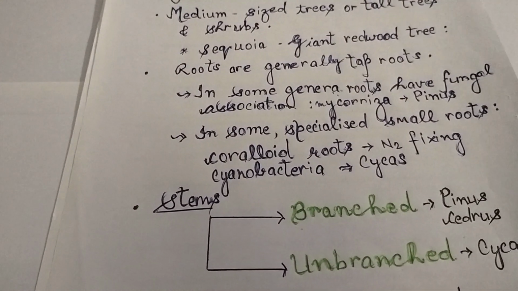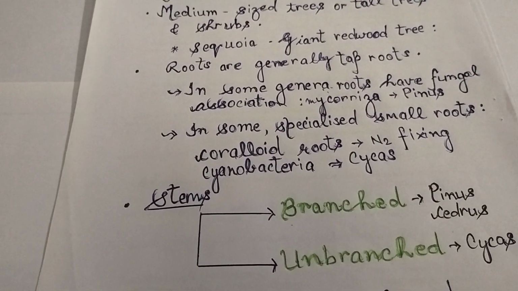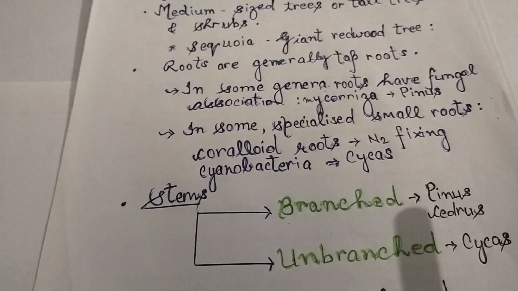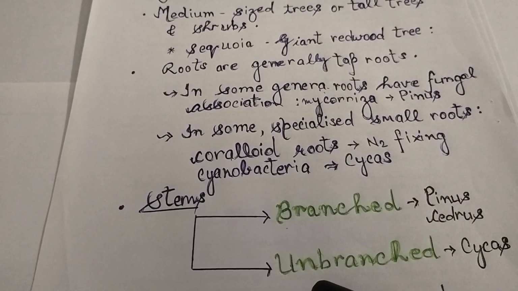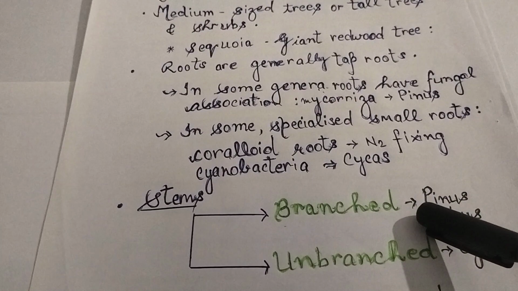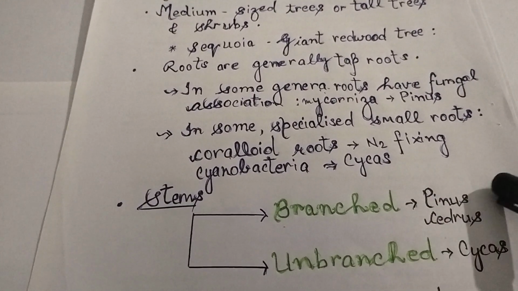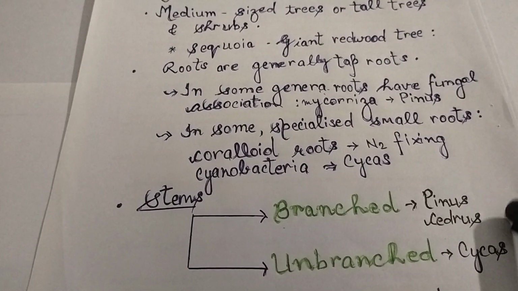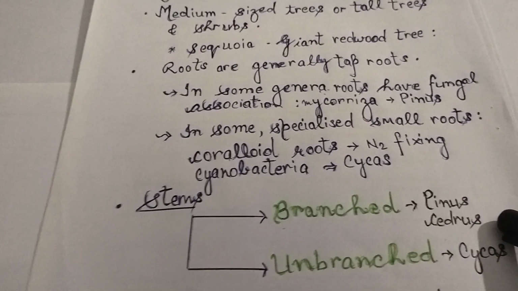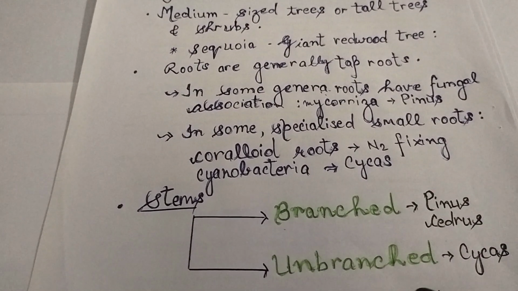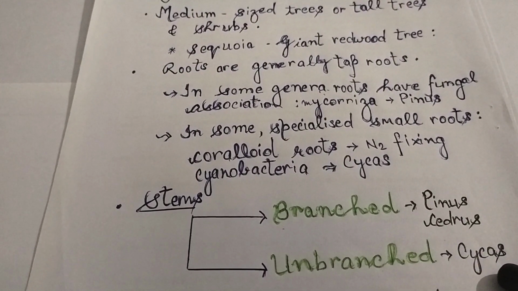Now, stem. Stems in gymnosperms may be branched or unbranched. Branched stems are present in Pinus and Cedrus, they are the examples, and unbranched stems are present in Cycas.